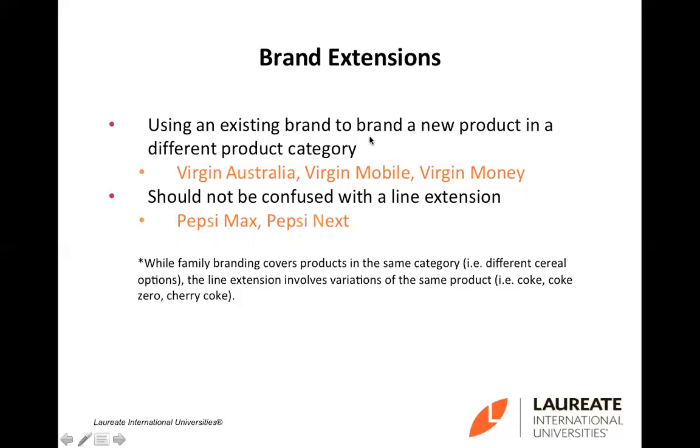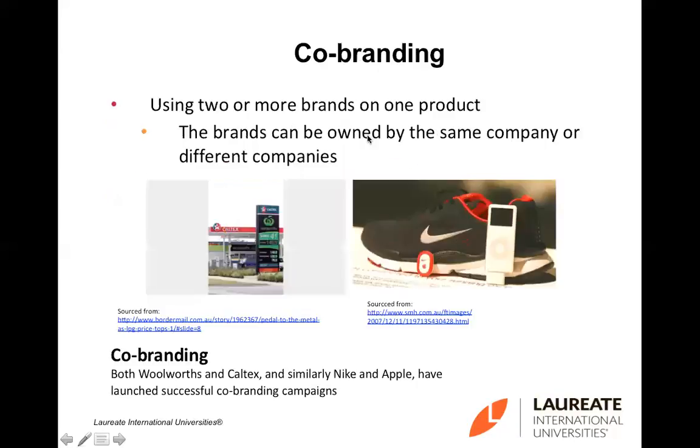In the case of brand extension, they are in a different product category. Co-branding is when two brands join forces. Okay, if you look at Caltex and Woolies, for instance, there are two brands, and if you go to McDonald's, you find McDonald's Oreo ice cream, for instance. There are two brands joining forces. Okay.